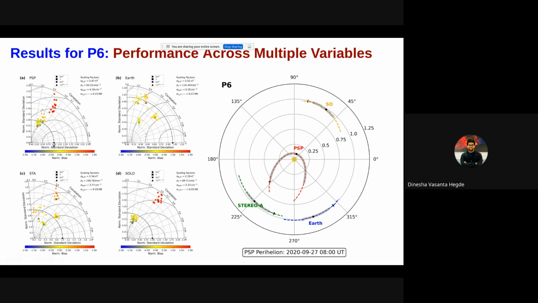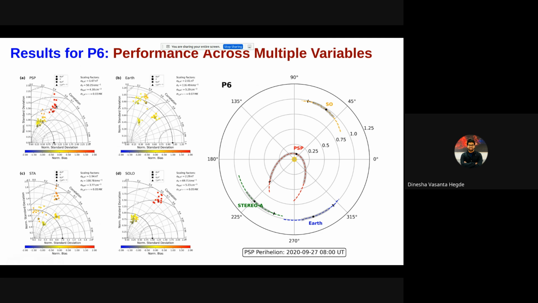So you have standard deviation 1, and all the scaling factors used for normalization are based on the standard deviation of the observed values for each variable. You can see here BR and the velocity. Velocity is in red, and it is away from the standard deviation of the observation.